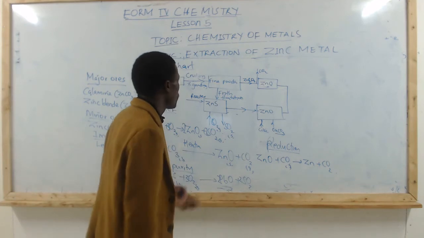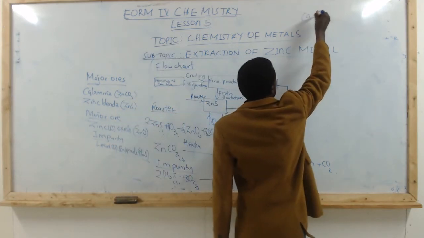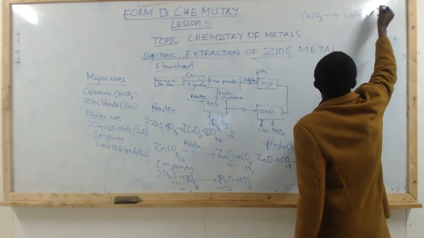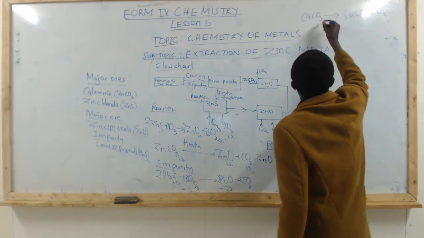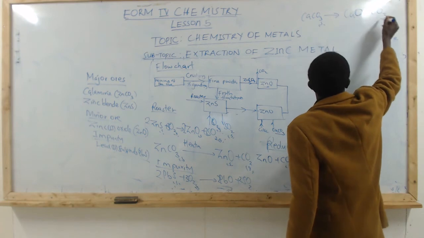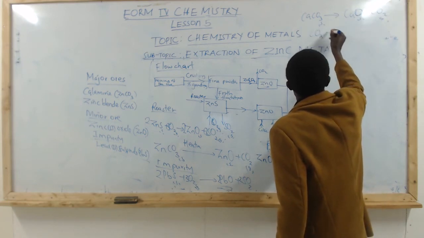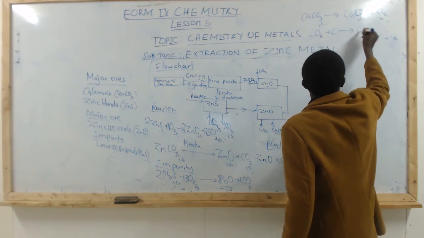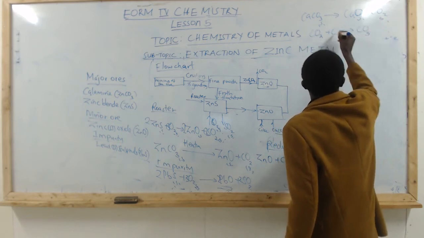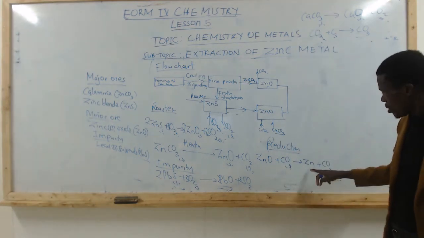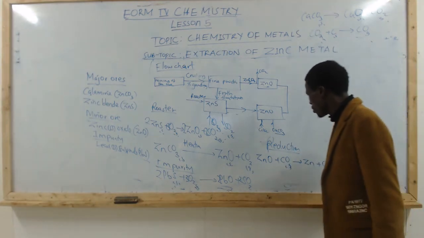As I said before, calcium carbonate decomposes to give us calcium oxide and carbon dioxide. This one I believe you know because it is something that is not being repeated. Then carbon dioxide is reduced by the coke carbon to form carbon 2 oxide. Now carbon 2 oxide is used as a reducing agent to form zinc metal.